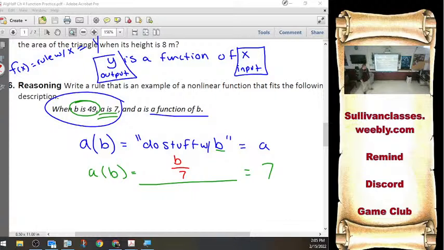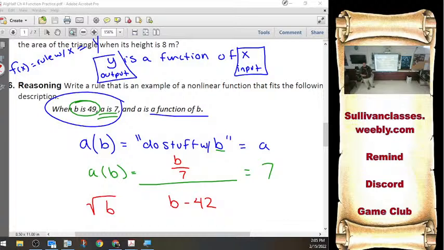Okay. I think I saw some kids also say B minus 42. I saw some kids do that. Throw in a 49. Square root. I don't think I saw that one, but that's a good one. Square root of B, right? Square root of 49 is 7.